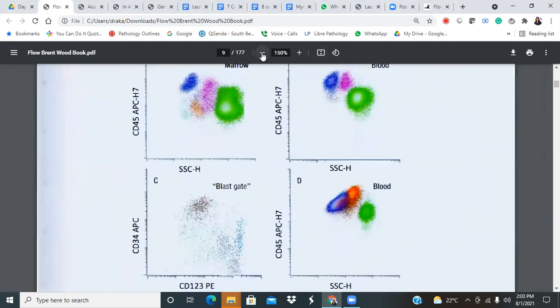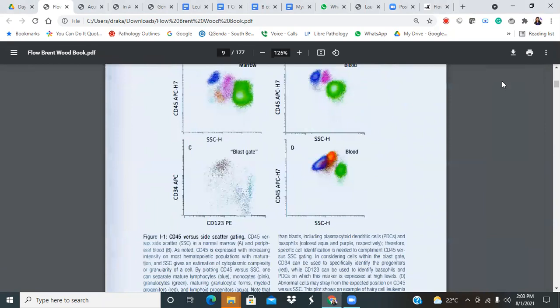And then over here he is showing the CD45 versus side scatter. As I've been showing earlier, these are the granulocytes, these are the monocytes, these are the blasts, these are the lymphocytes. What he's showing is the CD45 versus side scatter in a normal marrow and peripheral blood, as noted.